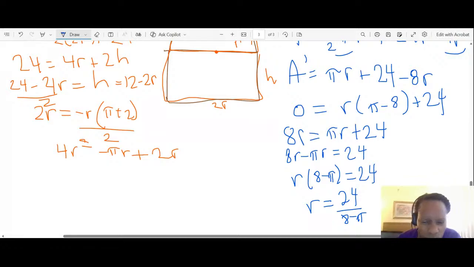How did I get 4 plus pi? Something I did wrong.